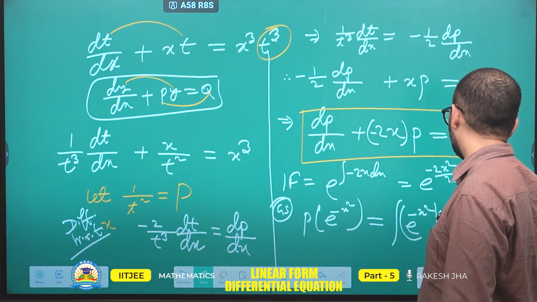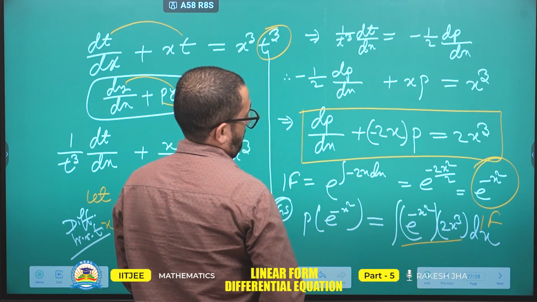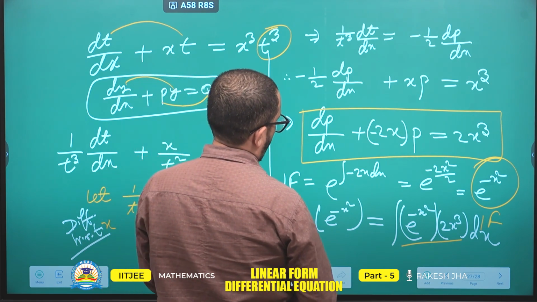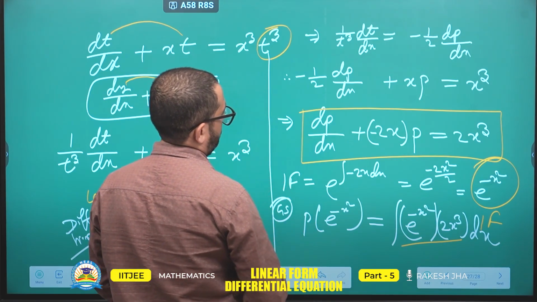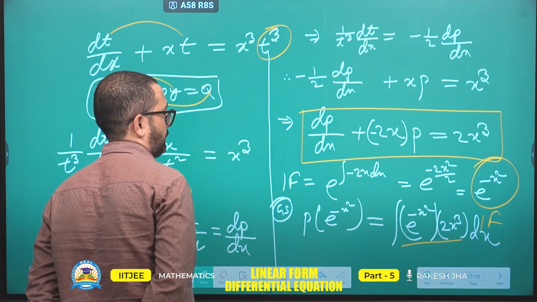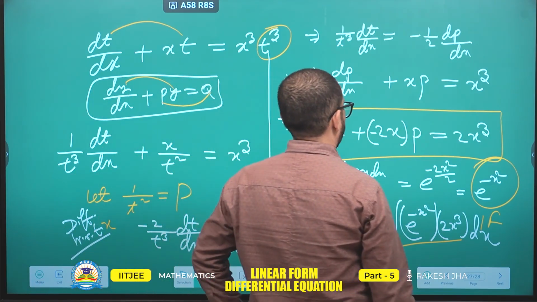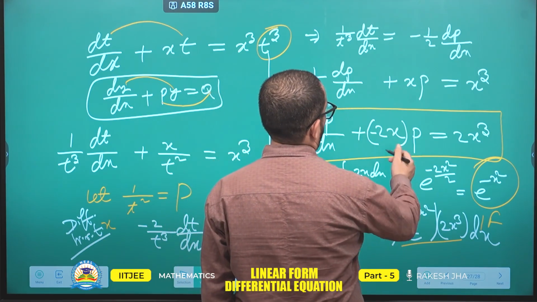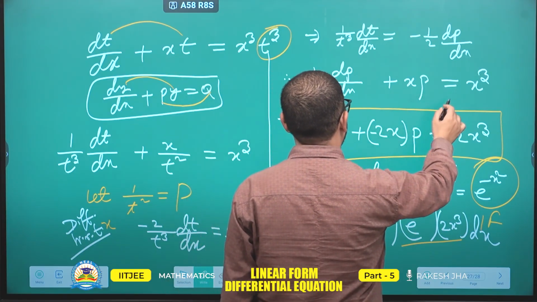here we can go for the substitution method. Here also it will be a negative sign, that I actually missed out, because once you change the sign it will be negative here.